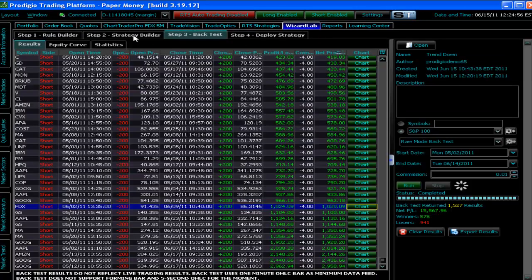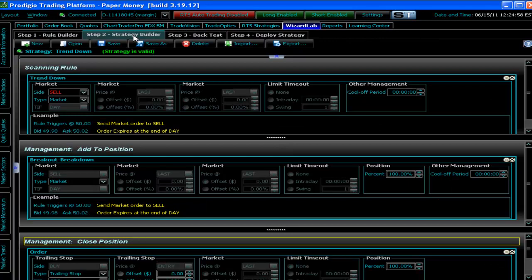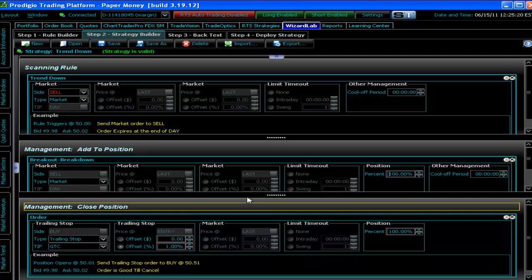As of right now, it's a very simple process to apply this concept. I've shown you how you can add a rule into the management of a strategy so that it adds to a position and doubles down. Now I can tweak this. I can scale this up and down as I want. But here's one where I just said completely 100% double down. And of course, I can add more of these to it.